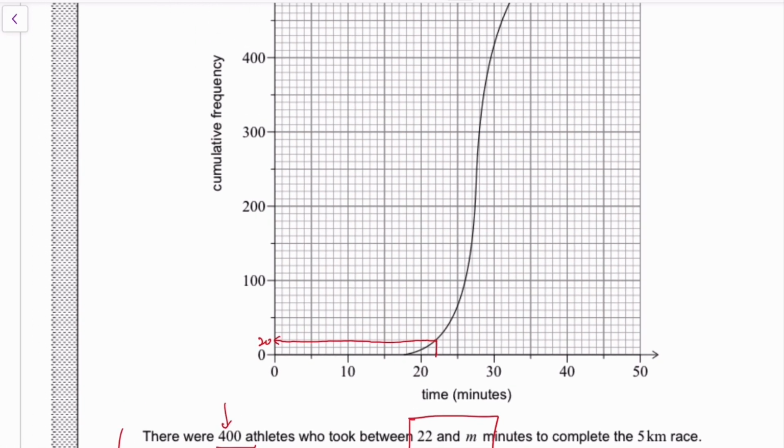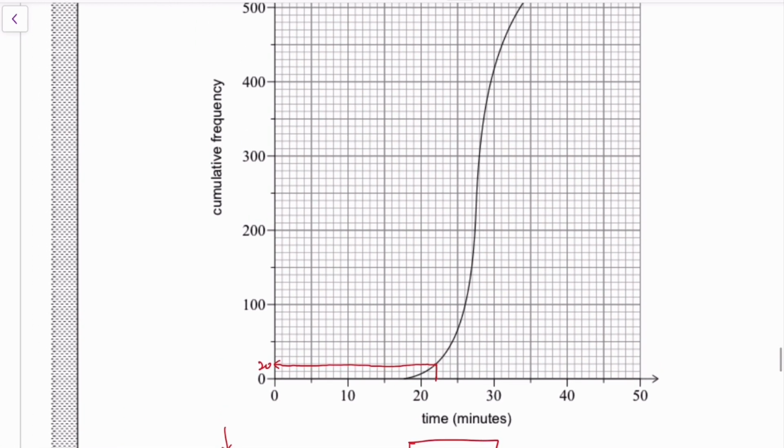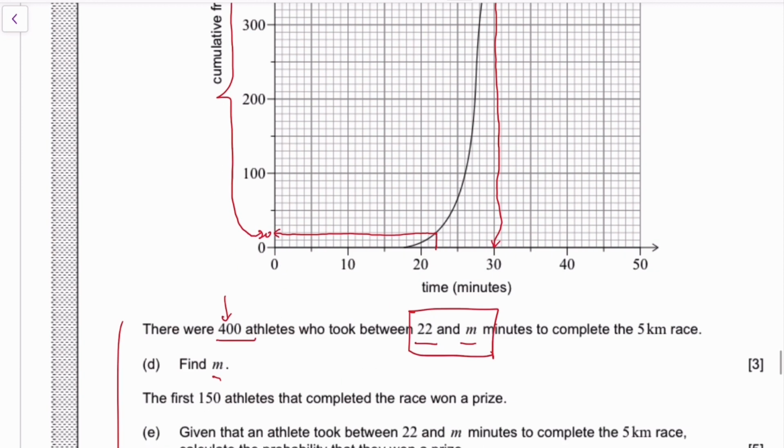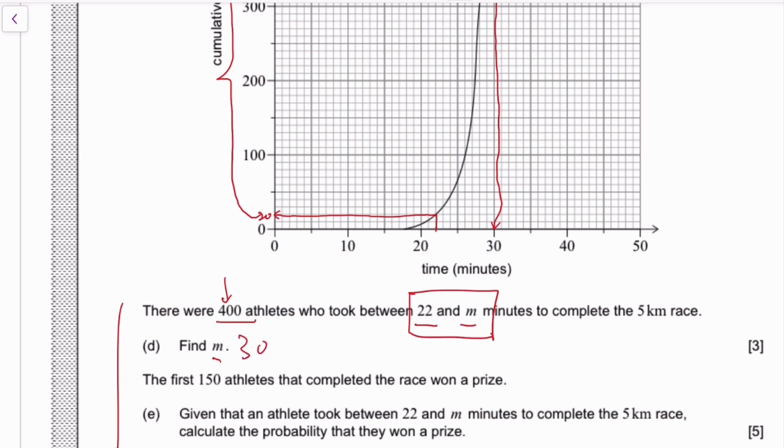So from 22 is 20, you add 400, you go to 420. Because this range would contain 400 people, so that must be the top. So if you cut down here, you get 30. Okay, so m is 30.